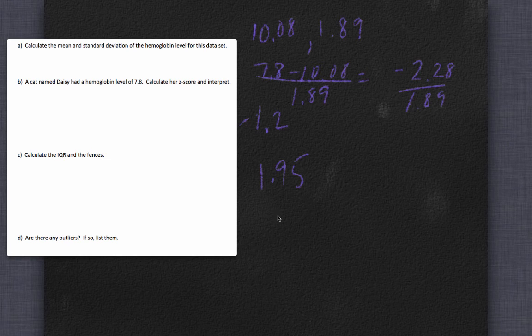So the fences are then Q1 minus 1.5 IQR, and Q3 plus 1.5 IQR.